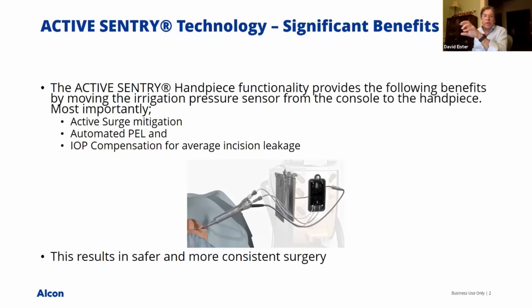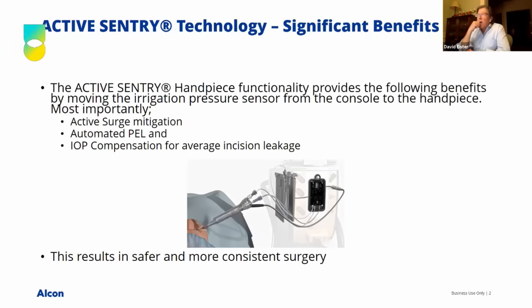And because the irrigation pressure sensor is in the handpiece, we're able to respond to surge events and maintain your IOP at all times. And so it's not just the sensor, but it's having the active fluidics. It's also having the FMS, which is designed to be able to respond quickly, and then all the software, which is in the system itself.